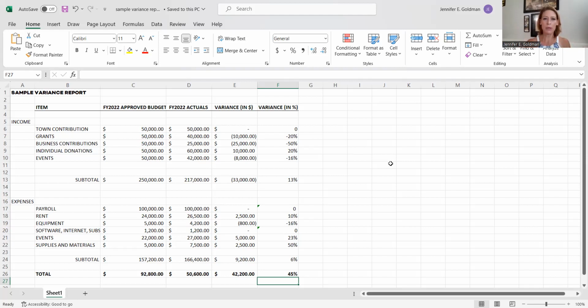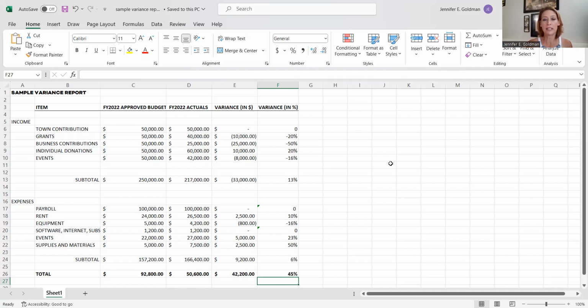Because if you take a look at the big picture here, you see the subtotals in income. There was a variance of 13% in what we brought in, negatively. So there were $33,000 that we had planned to bring in over the course of a year that we did not. We fell $33,000 short of our income goal.